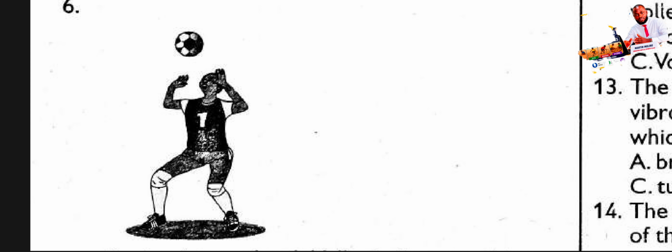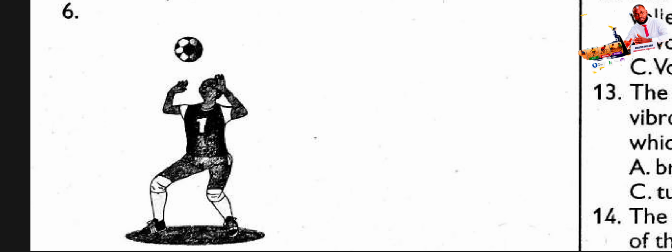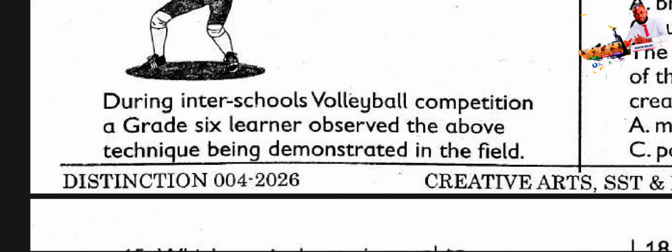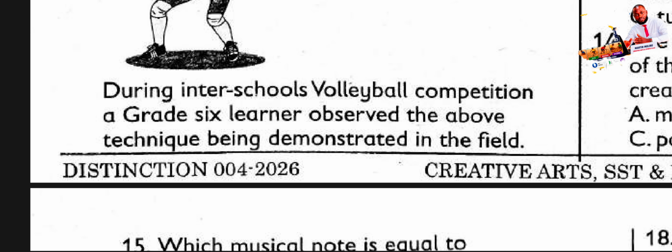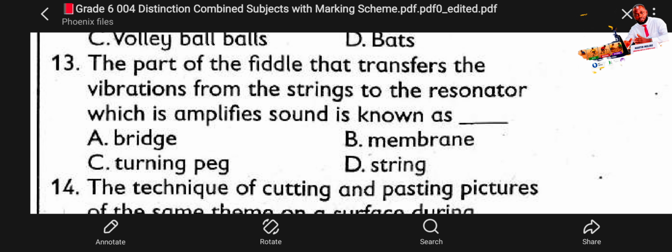Number six, we have this type of skill being displayed on the wall in the game of volleyball. The question says, during inter-schools volleyball competition, a grade 6 learner observed the above technique being demonstrated in the field.